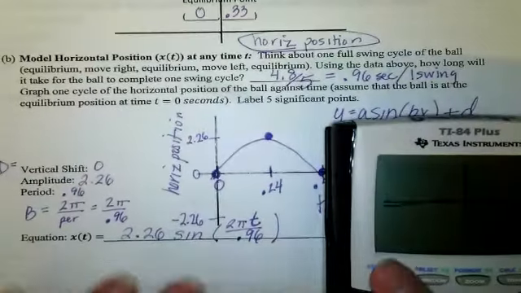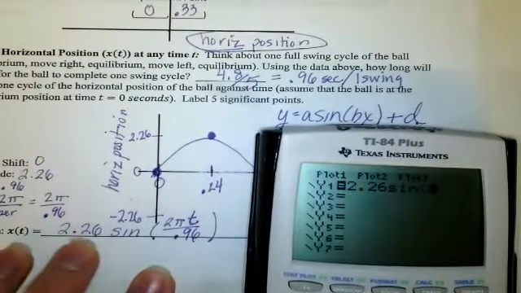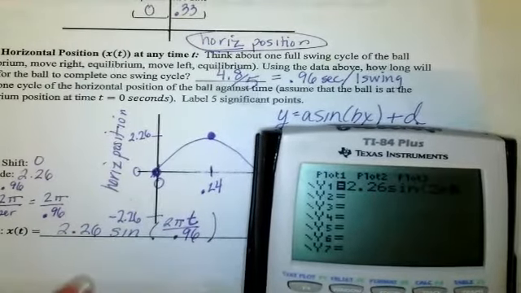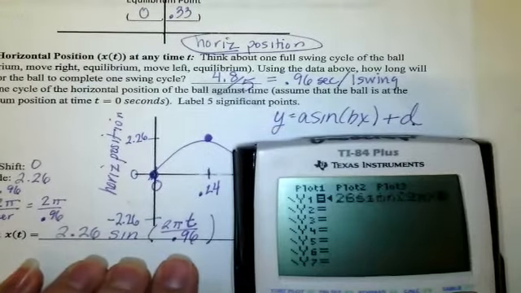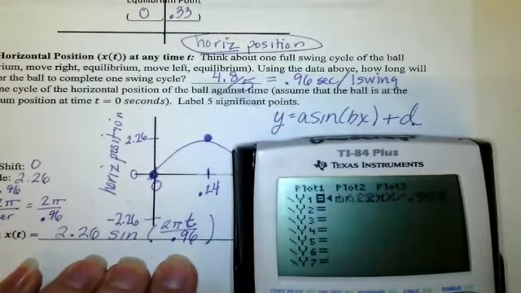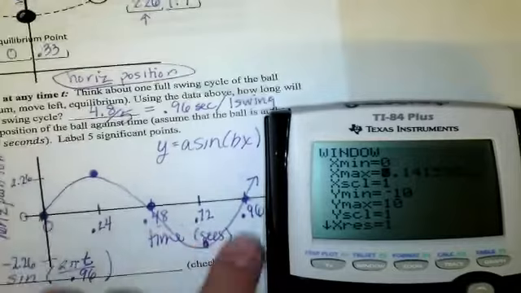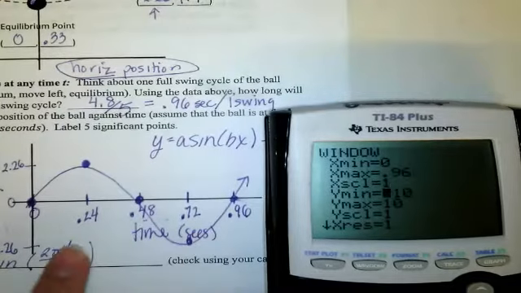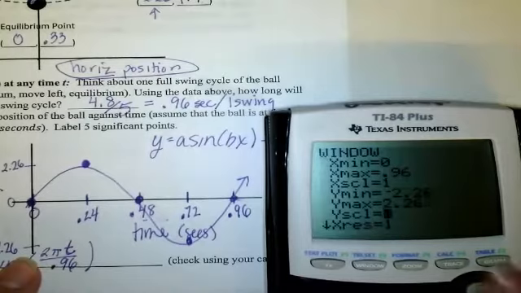I am going to check this really quickly. You do not have to check with me right now, but we'll just do this together so you can see. 2.26 sine of 2 pi x divided by 0.96. There's no c, and the d is 0. I'm going to set my window to go from 0 to 0.96 and negative 2.26 to positive 2.26.